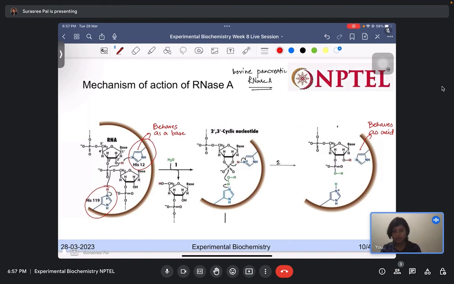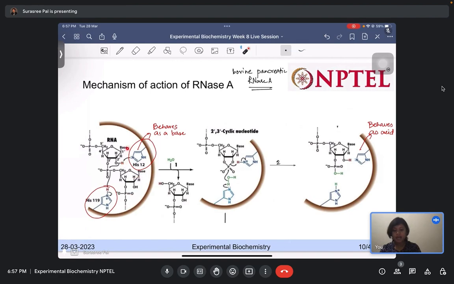This is an RNA molecule, ribonucleic acid, that we can see here, right? What happens first is that histidine 12 acts as a base. We know that bases donate electrons.